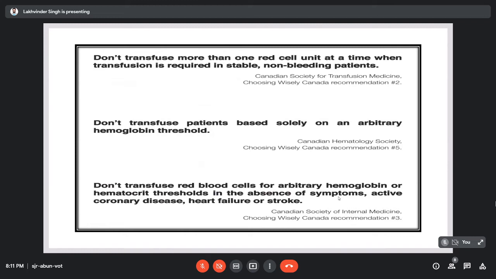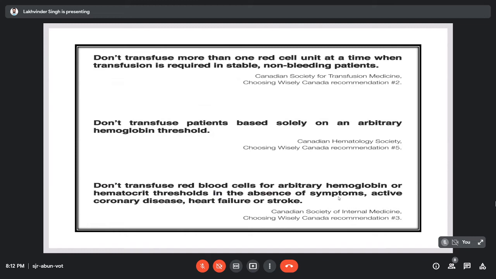If a sample was taken at that time when there was no compensatory mechanism working, then the HB may be falsely high. So you see the patient, judge the patient properly, see the condition of the patient, and then you decide whether the hemoglobin which we are getting on the blood test is false or true.